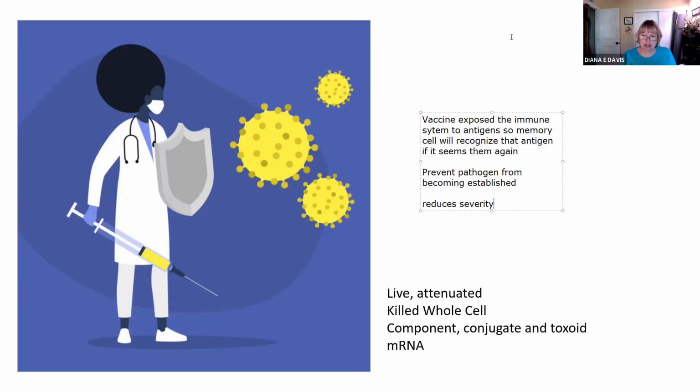The advantage to live attenuated vaccines is that they produce a very long-lasting, very strong immune response. Your immune system recognizes that this is a live organism. I know viruses aren't alive, but a functional virus or a live bacteria. And so it's going to kick in pretty strong and be saying, okay, we have to knock this out fast.